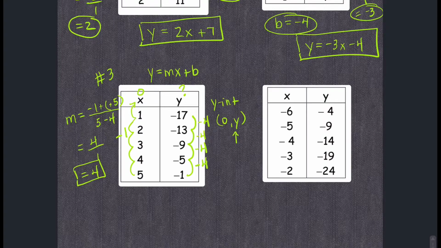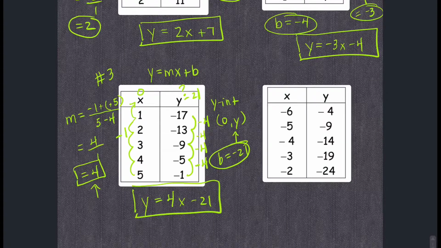So you kind of get the idea here of what's happening. So if I have another decrease of 4, it looks like -17 minus 4 is going to be -21. So that would be my y-intercept. B equals -21. If I put that together with my slope over here, then we get y is equal to 4x minus 21. And that is the equation for that table.